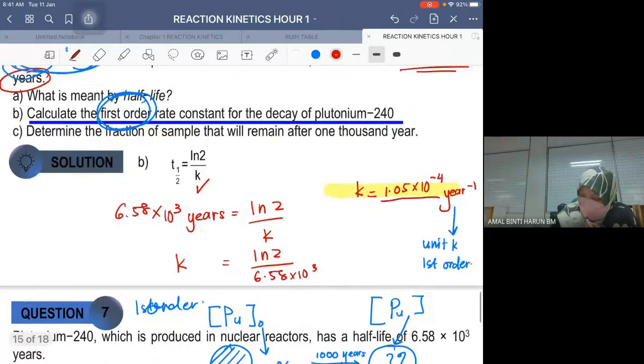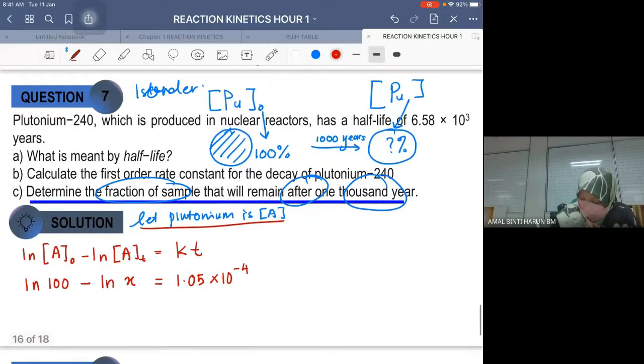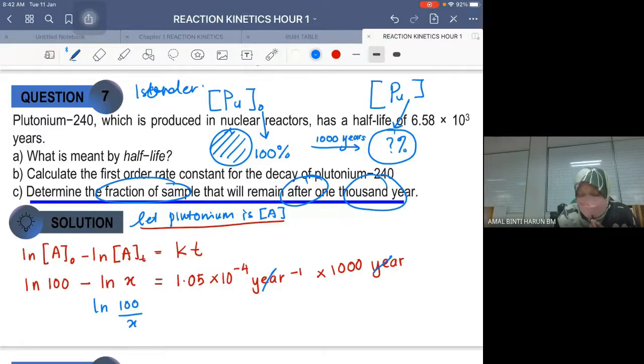Okay, ni unit dia per year lah, jangan lupa. Berapa tahun? 1000 tahun. So ni cancel. So this one we can simplify as ln 100 per ln X. Betul ke math saya macam ni? Ke ln X per ln 100? Help me. Saya tak pandai matematik.